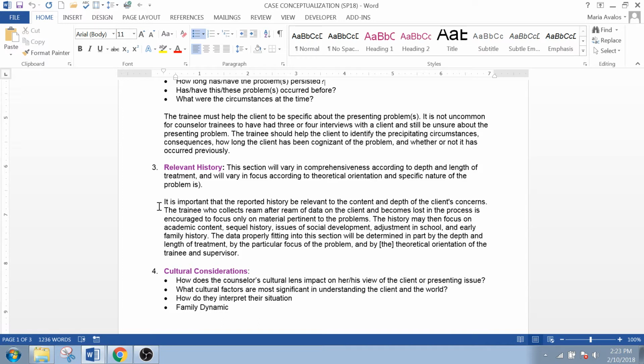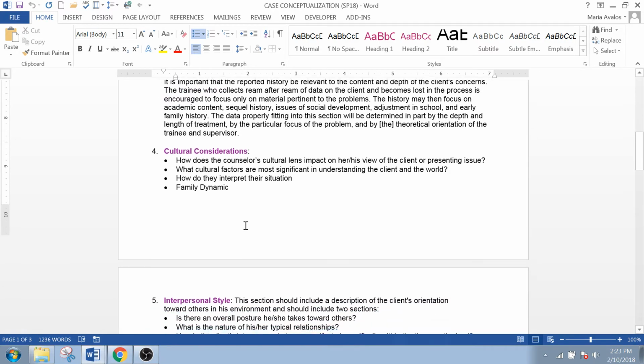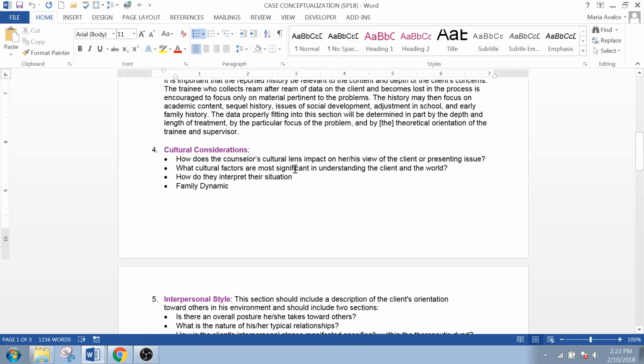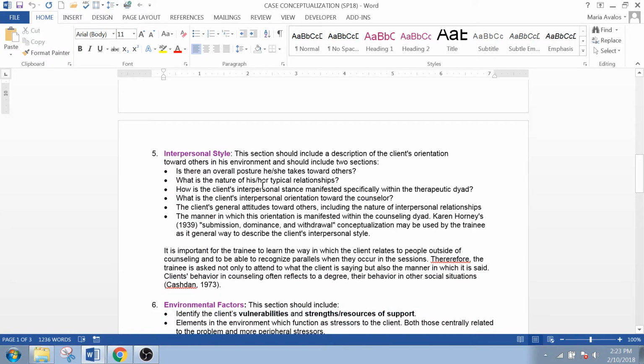What does it say about someone who may come from this ethnic background? What are those things that you don't experience yourself because you're not within that cultural framework, that you know because of the information you've read that you have to pay attention to? So these are the particular things that you'll see, and make sure that you're answering all these questions here in the cultural considerations.